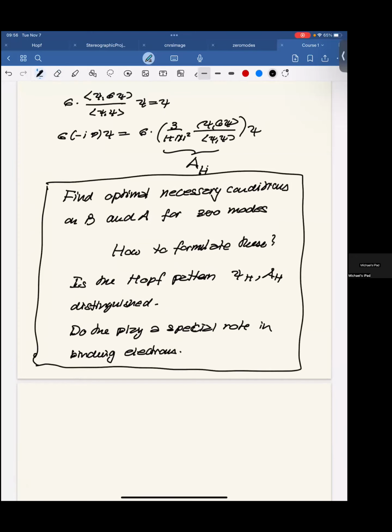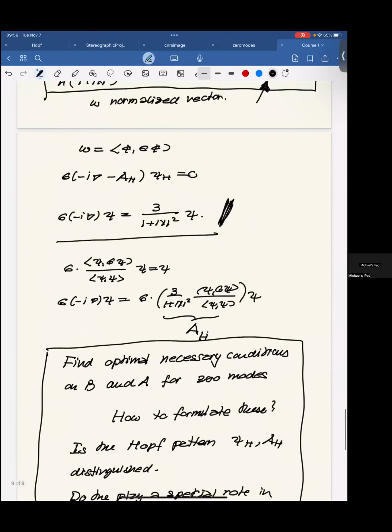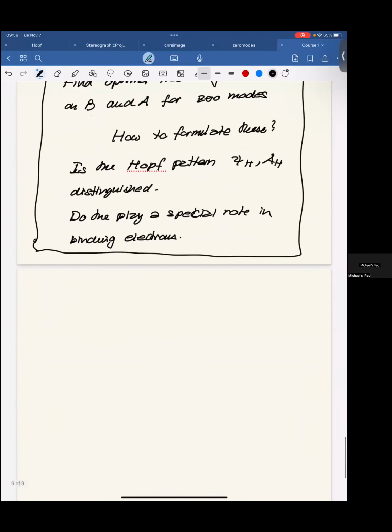I should also say that this zero mode equation, sigma dot (minus i grad minus A) psi equals 0, you see, we are in R3. And that's a terrible dimension. Odd dimensions are somehow terrible for this problem.